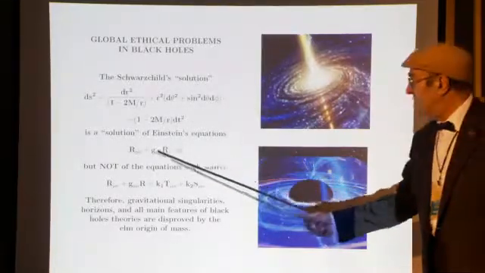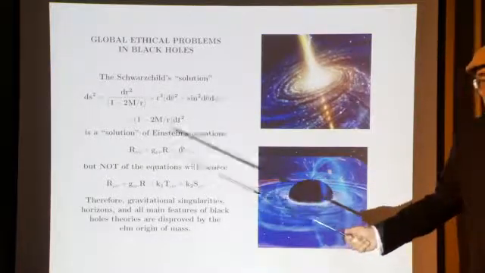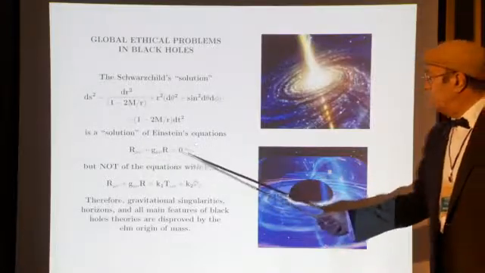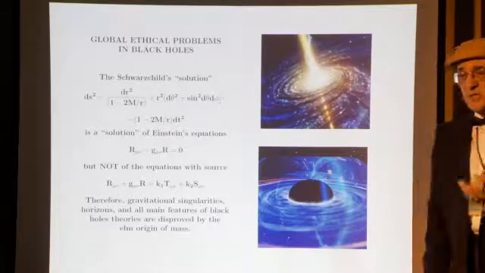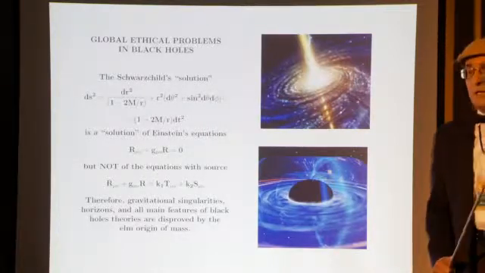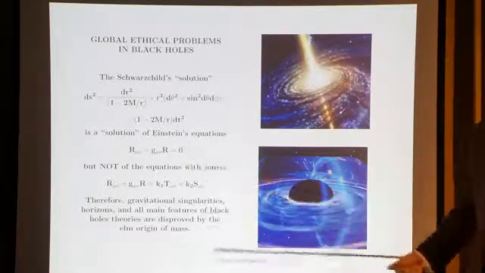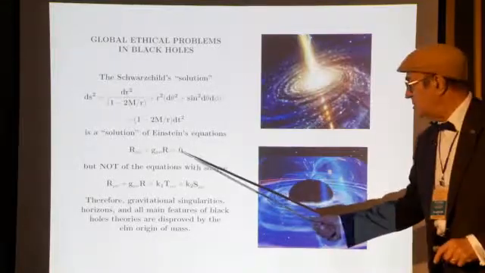It's a solution of the Einstein field equations. What are the Einstein field equations? Those are equations in which on the right hand side there is 0, or there is an electromagnetic tensor that contributes 10 to the minus 40 to the gravitational field. So let's forget about 10 to the minus 40 and, as Einstein did, let's put 0.